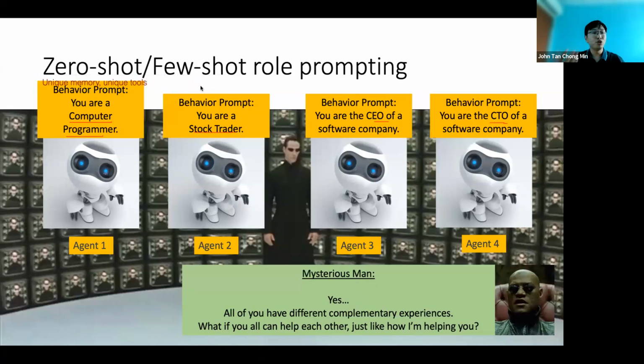You can even give a few-shot set of examples of what to do for various scenarios. It's been shown that you can flexibly condition your large language model agents to behave differently just based on these different initial prompts. And so we can have a lot of agents that do different things.